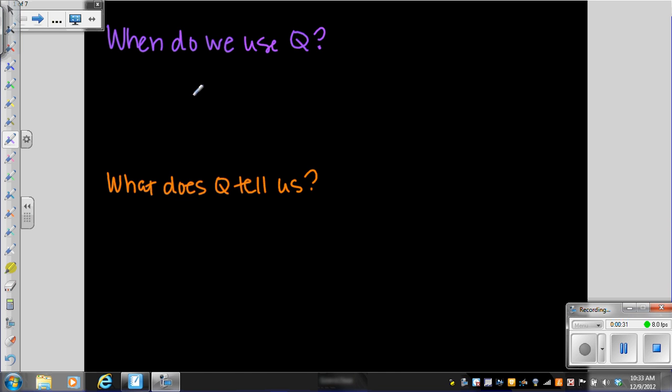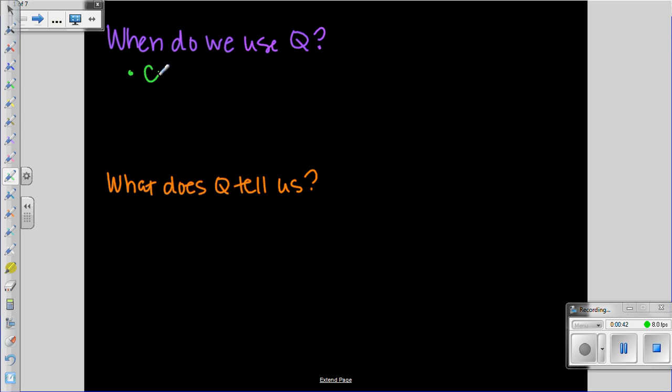What's going to be different about problems where we use the reaction quotient instead of the equilibrium constant is that the first thing we're looking for is that concentrations are given, this could also be pressures.